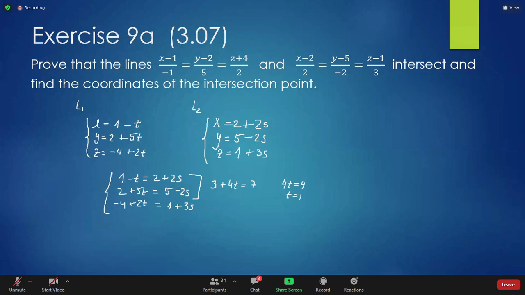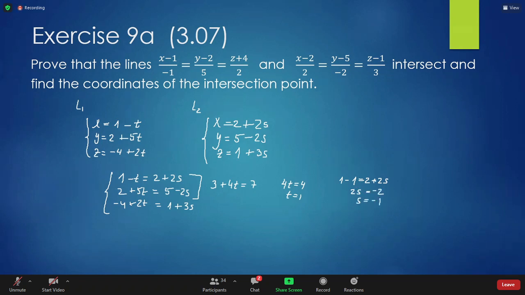And then when t is 1, from there, we can actually get the second parameter, the parameter s. That would be 1 minus 1 equals 2 plus 2s. That's from the first equation, from the first coordinate, which means 2s equals 0 minus 2. That's minus 2, and s equals minus 1.